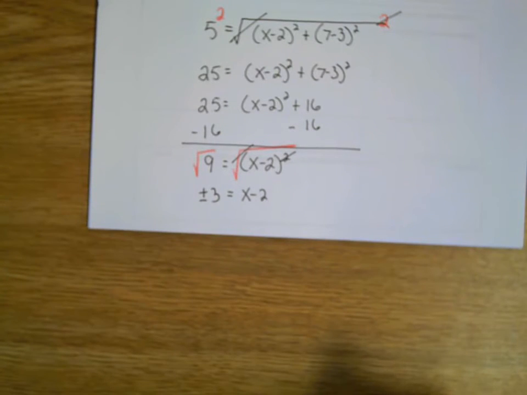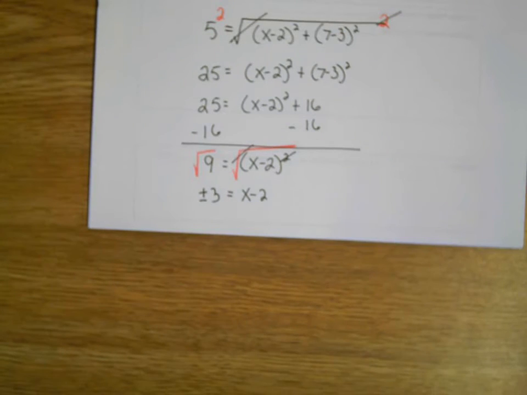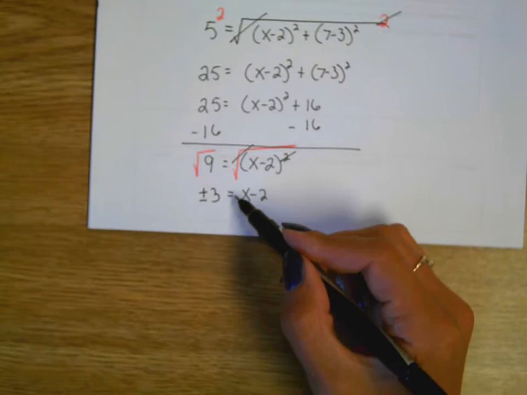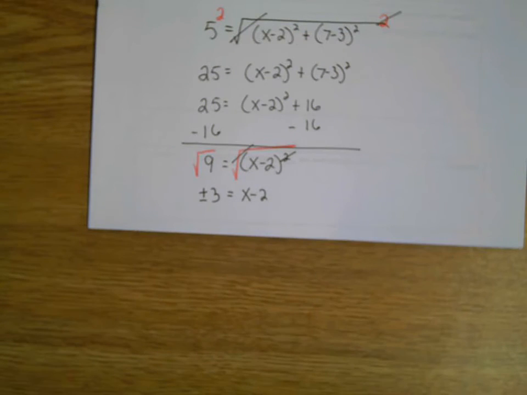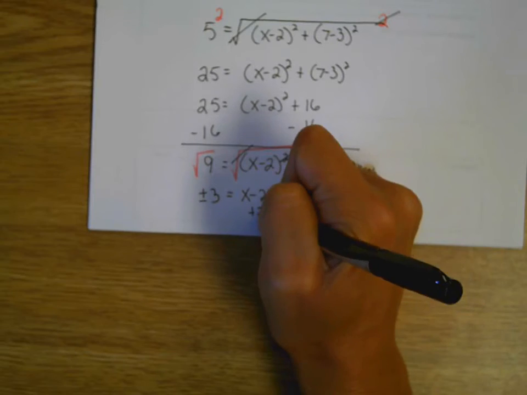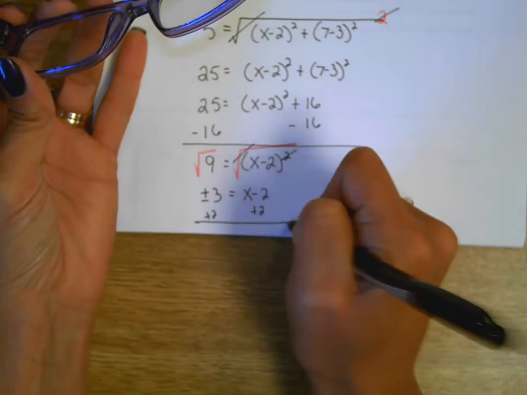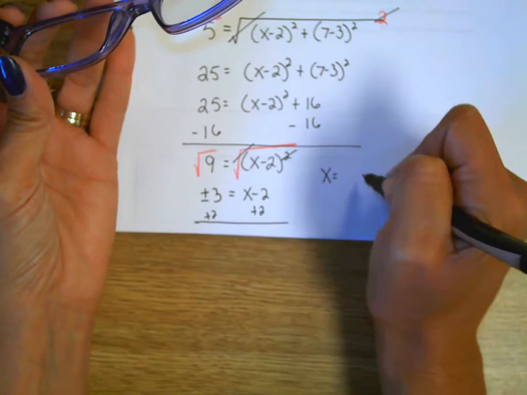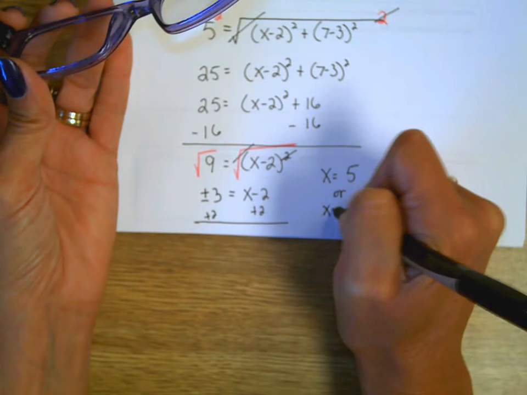Right there. So some will FOIL and get the whole thing wrong. Some will get all the way down to the second to last step and just give me positive 3 and lose a point. So now we add 2. We get 2 answers for x. x is 5, or x is negative 1.